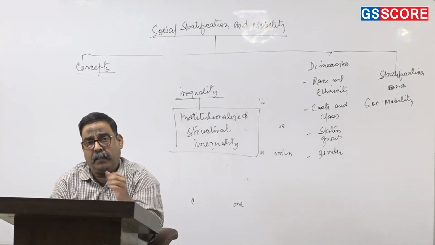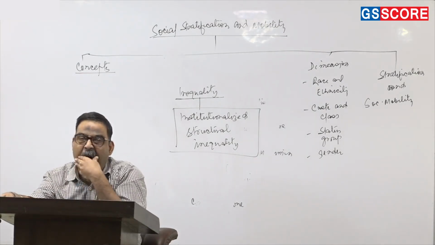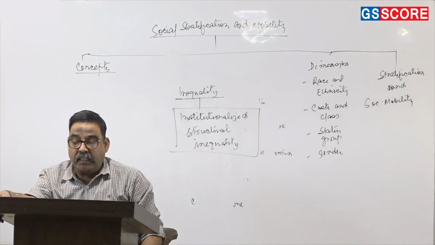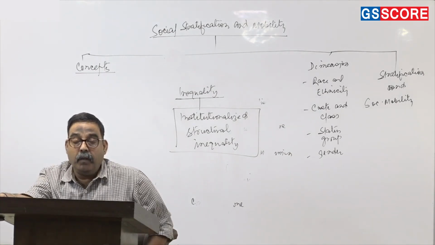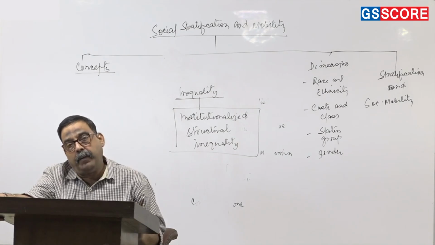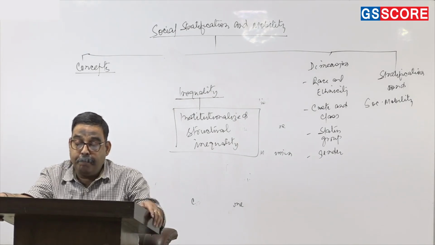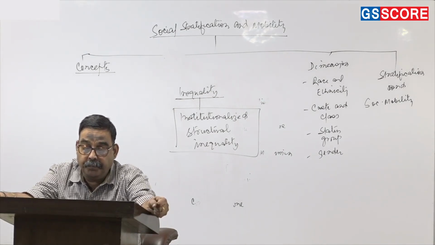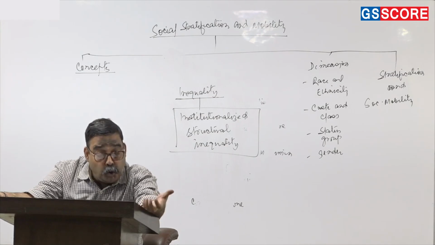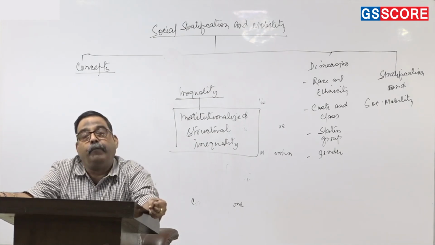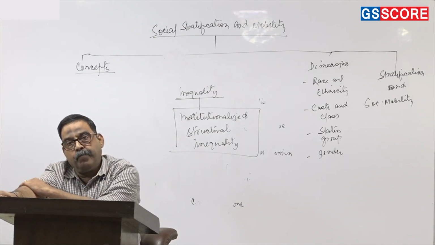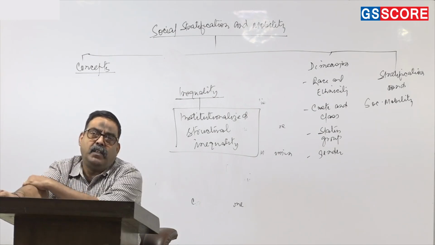I always say that the work of Karl Marx is the locus classicus, which tries to view it from the conflict perspective. The root cause of social inequality is conflict. Or the root cause of conflict is social inequality.